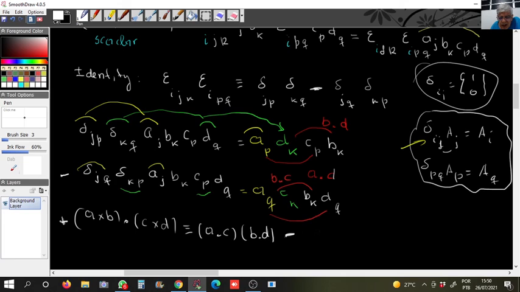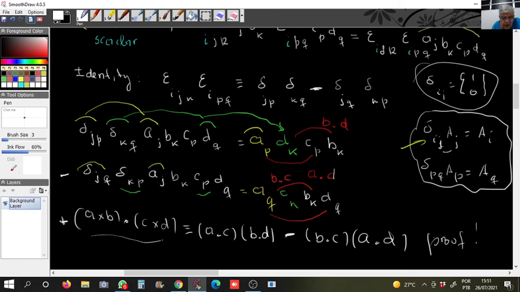Now it will be B dot C here, and this, you see, B in this case, I have AJ in this case. Just look at here, B dot C and A dot D. That's the proof, okay?